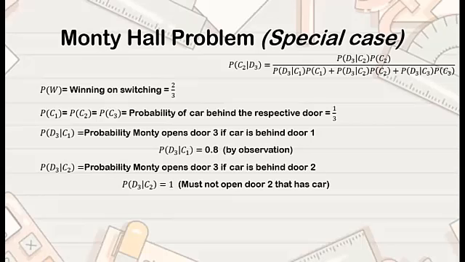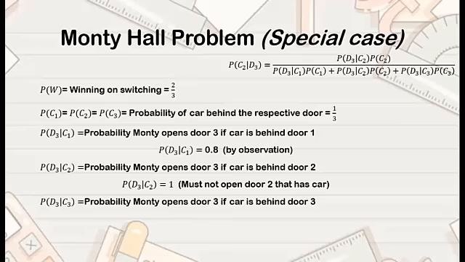So if door 2 has a car, he has to open door number 3. The probability that Monty opens door 3 if the car is behind door 3 is 0, because Monty cannot open the door that has the car, as this will defeat the purpose of Monty's game.